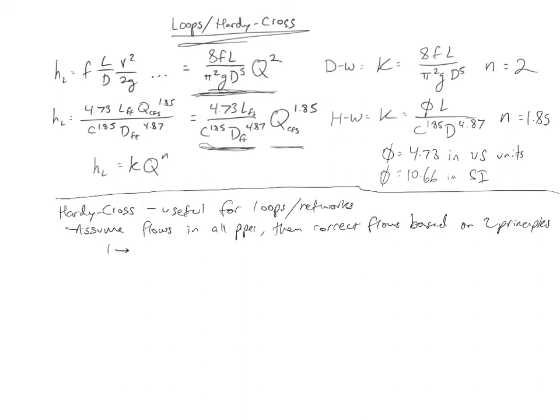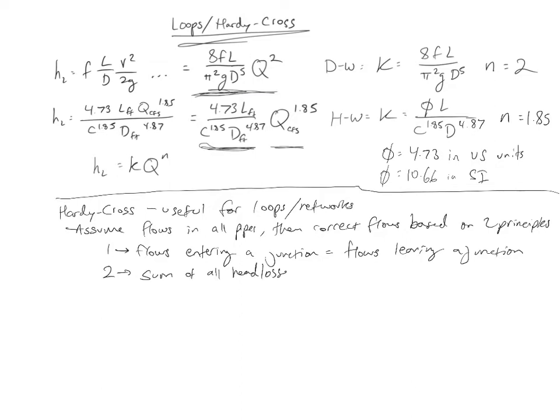One is that the flows entering a junction are equal to the flows leaving a junction. Okay, this is just continuity. And two, that the sum of all head losses in a loop has to be equal to 0.